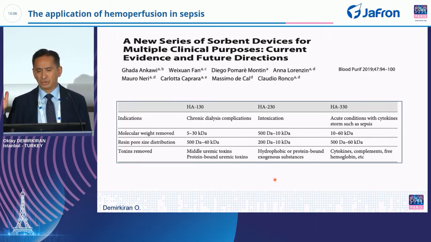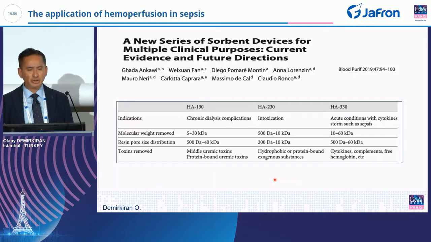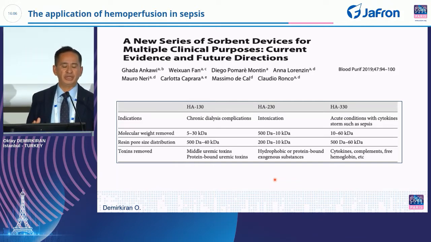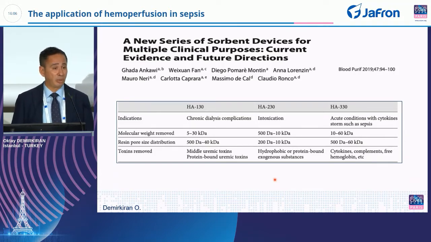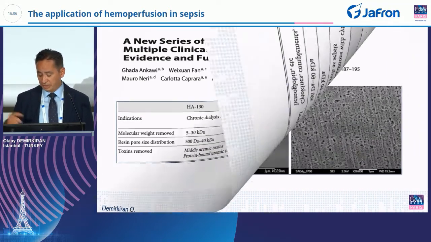The 330 is my topic now, for sepsis, the acute conditions with cytokine storm such as sepsis, we use it, and the molecular weight removed is 10 to 60 kilodalton, and the resin pore size distribution is 500 dalton to 60 kilodalton. The toxins removed here, the cytokines and complements, are removed by this 330.